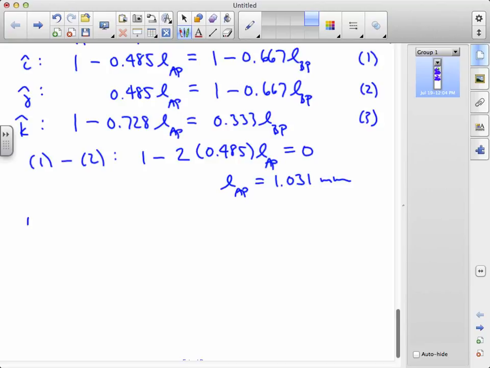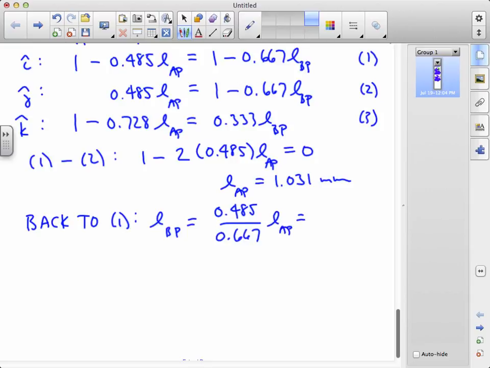So if I go back to 1, I end up with the length of BP has to be equal to 0.485 over 0.667 times the length of AP, and that ends up giving me a value of 0.75 millimeters.